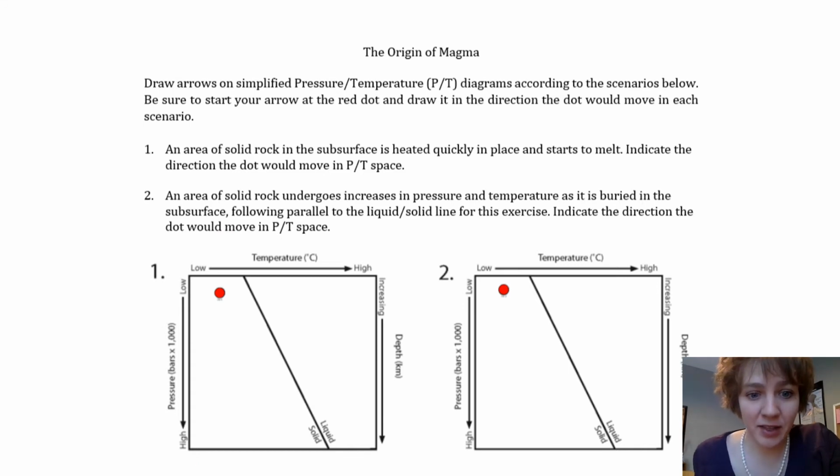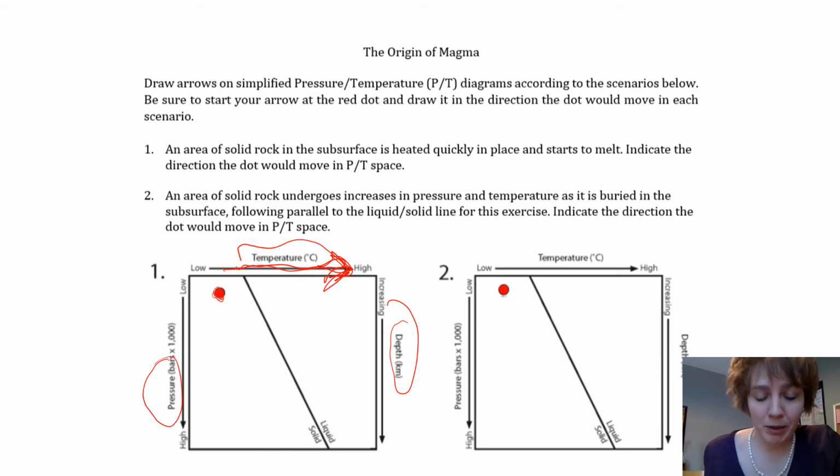Okay, well, if this little bit of rock, a rock located at this depth, is heated quickly, then the temperature of the rock must be increasing, so the temperature is going to move in that direction. However, because it's staying in the same place, depth won't change at all, and if depth isn't changing, then obviously the pressure won't be able to change either.